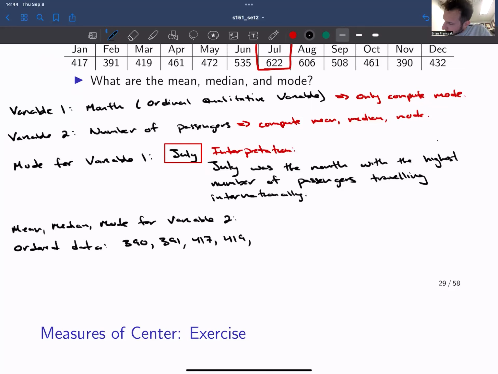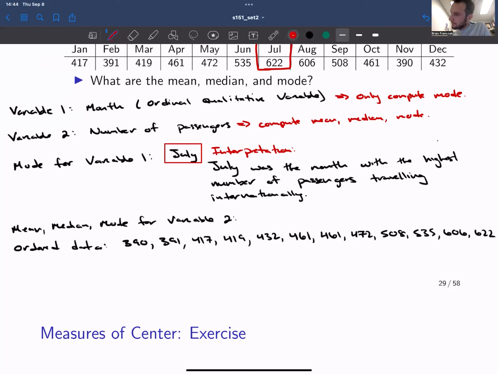Then we have 432, 461, 461 again, 472, 508, 535, 606, 622. Right? So this is our ordered data.